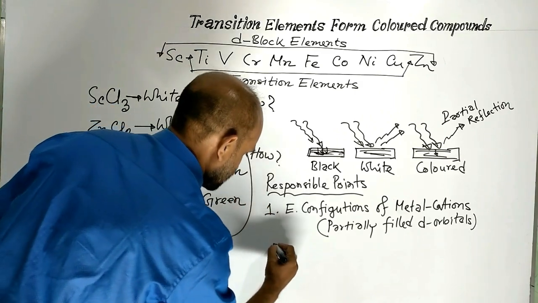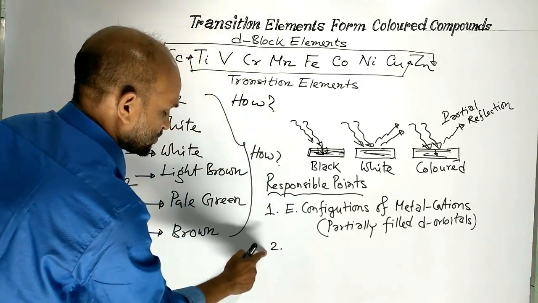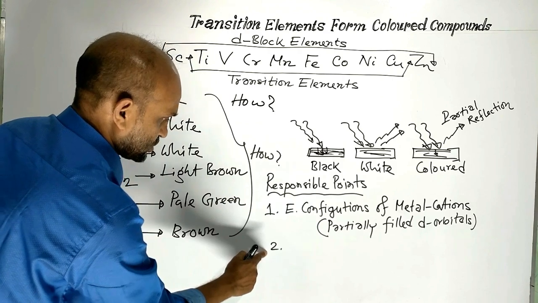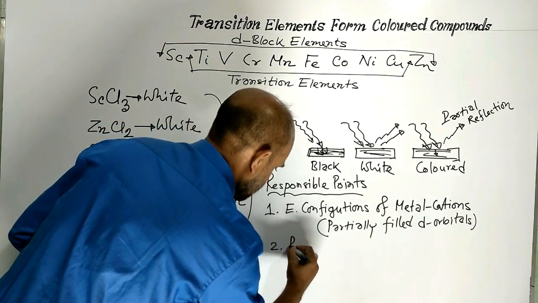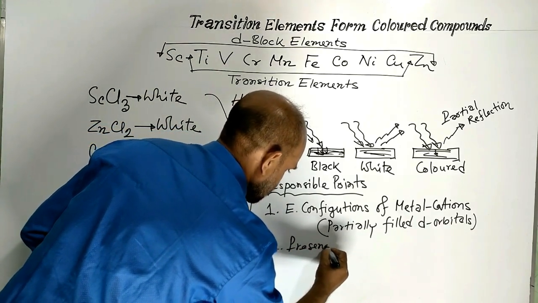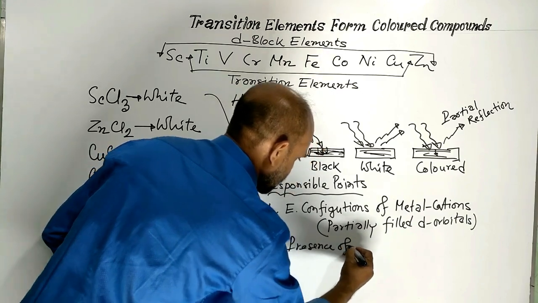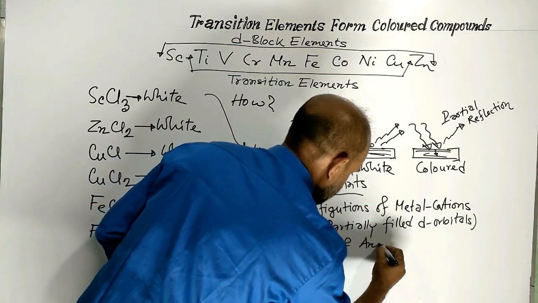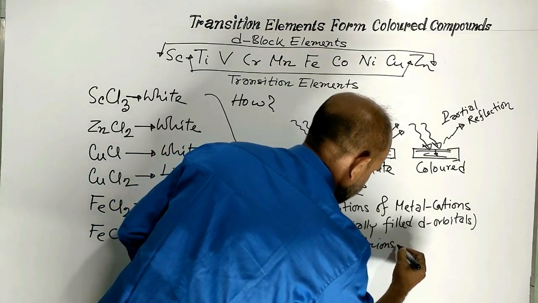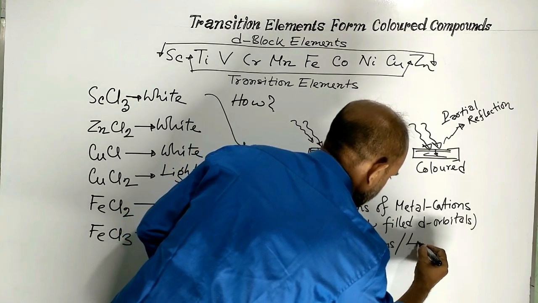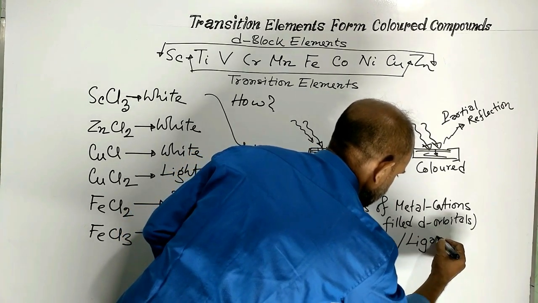Point number 2, which is responsible to form colored compounds, is the presence of anions or ligands.